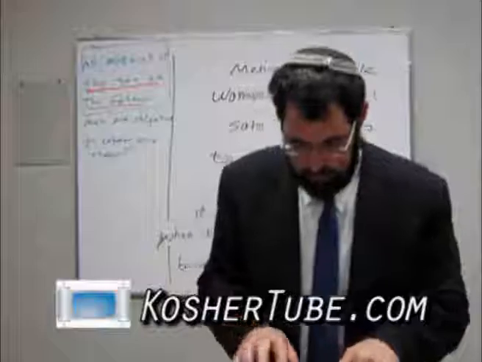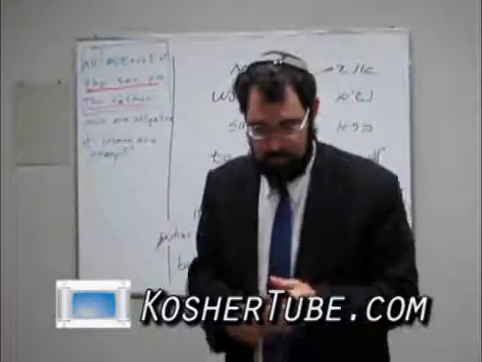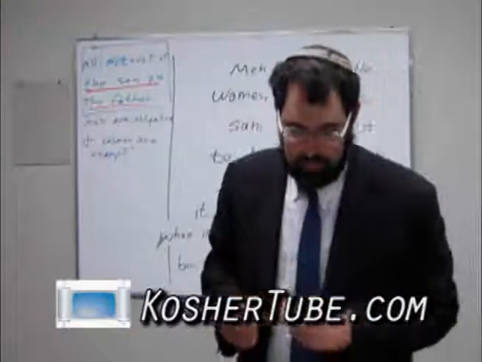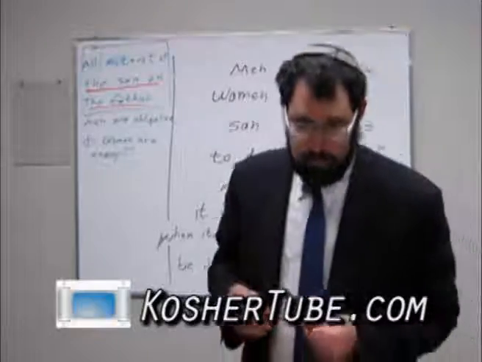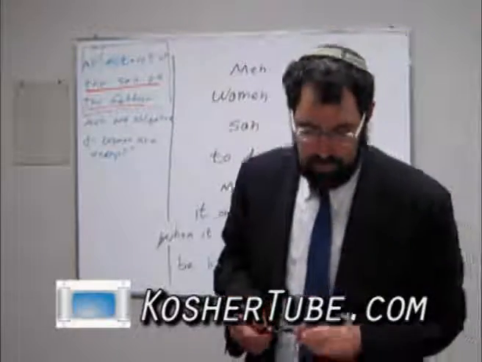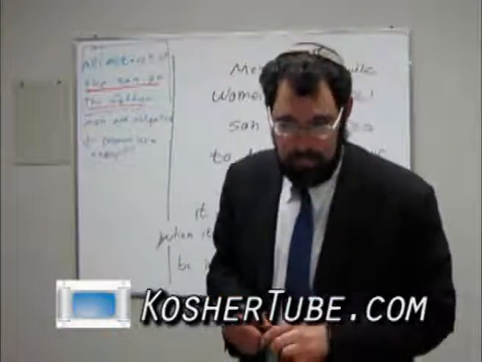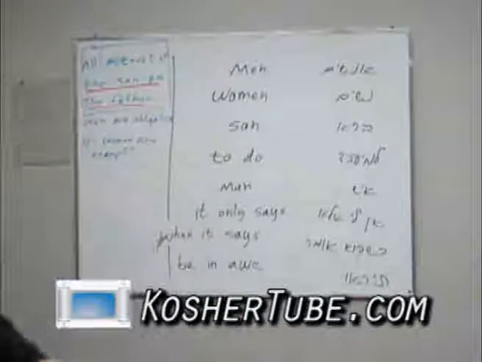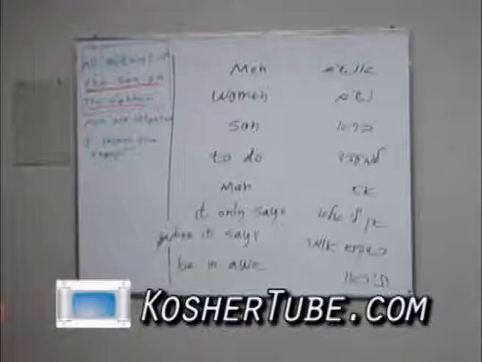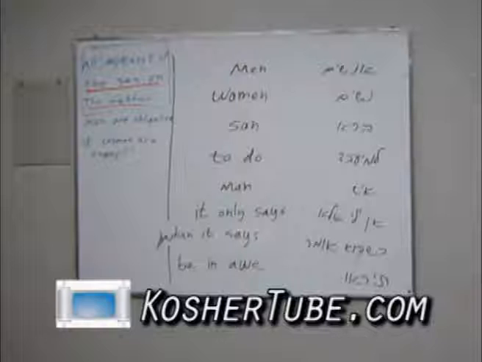So what do you mean? You say all of the mitzvot that the son is obligated to do, if you will say obligated to do to the father. To the father, yeah. So that's the first of the possibilities.